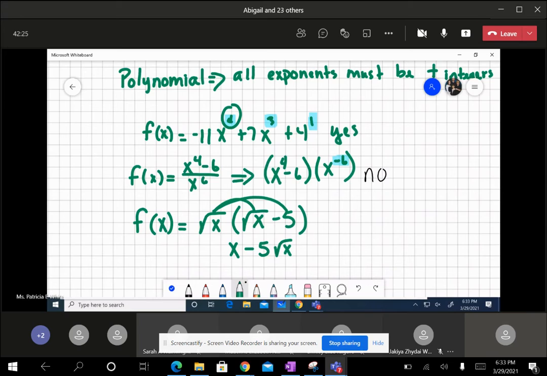How do I write the square root of x with an exponent? This is the same thing as x minus 5 times x to the 1/2, right? Not an integer, not an integer. So this would have been a no, that's not a polynomial. All exponents must be a positive integer.